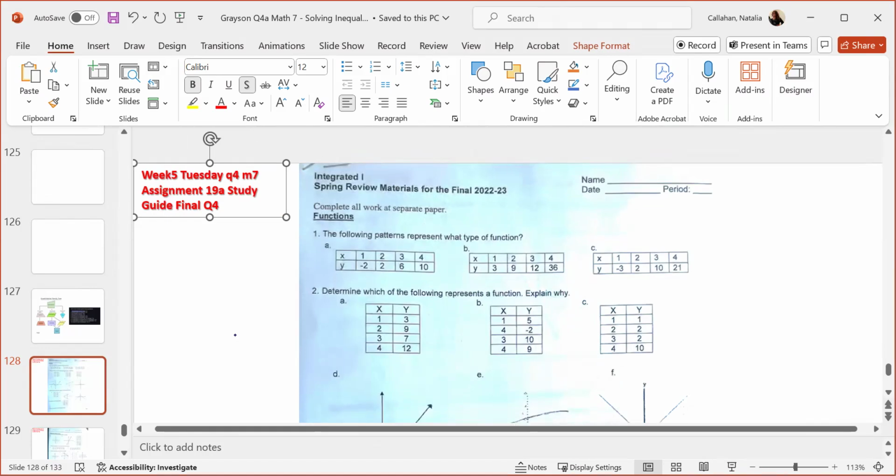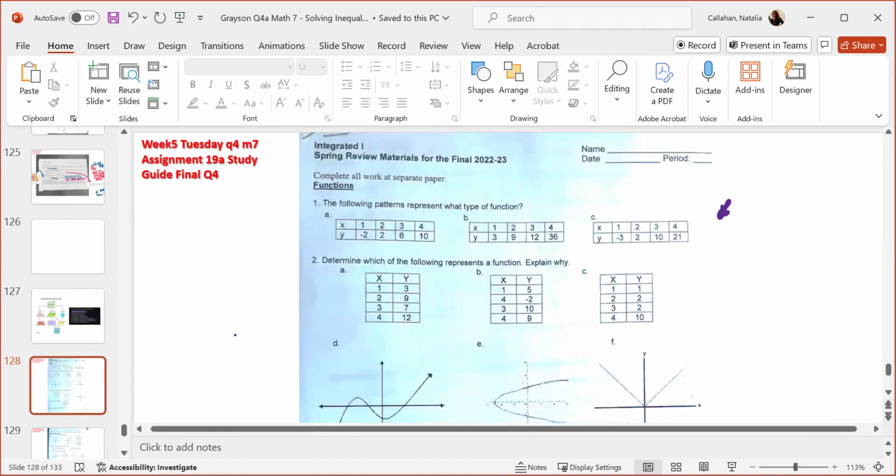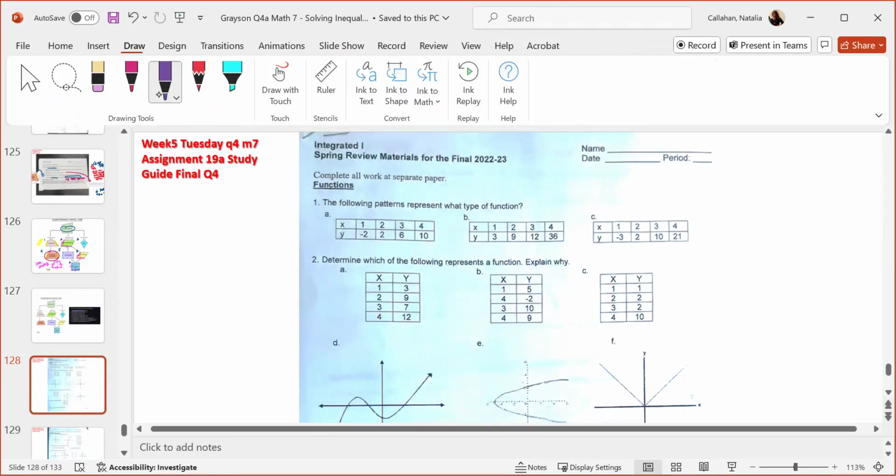Hey, remember the functions, you have linear. What else? There's linear. Linear, remember, is a constant, right? It's either add a number or subtract a number, right? A linear, exponential.